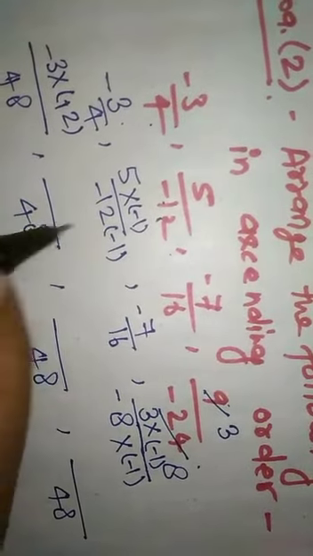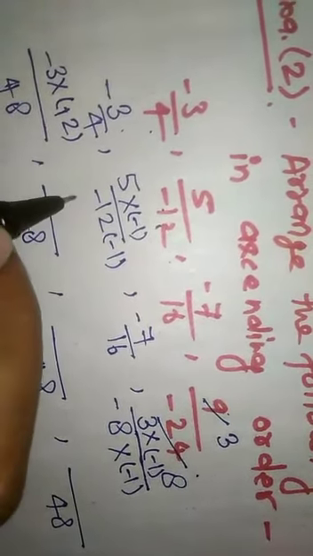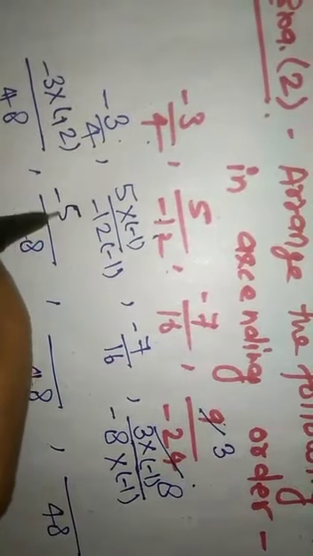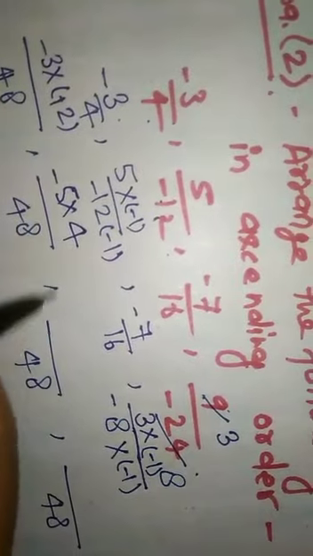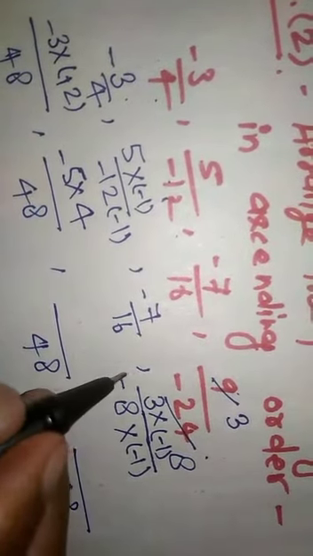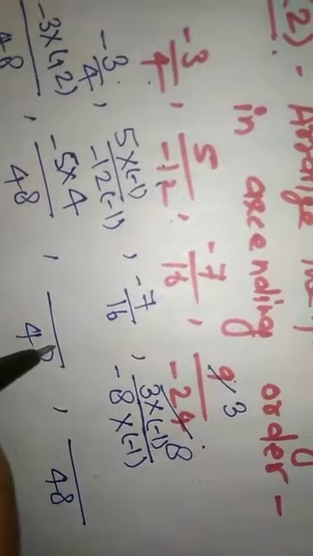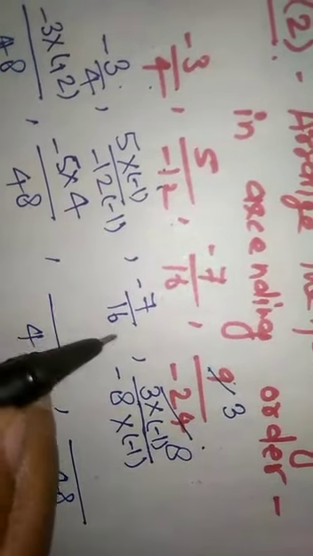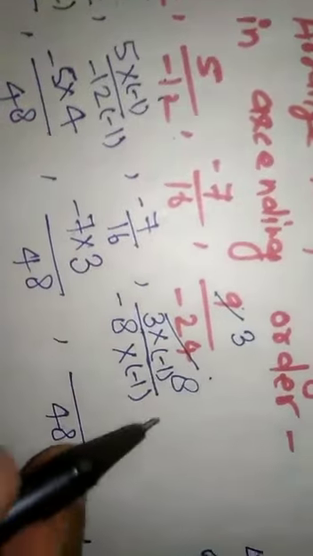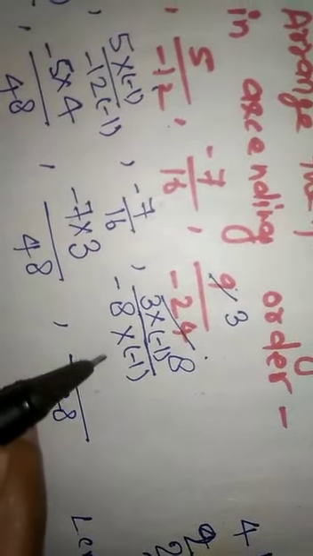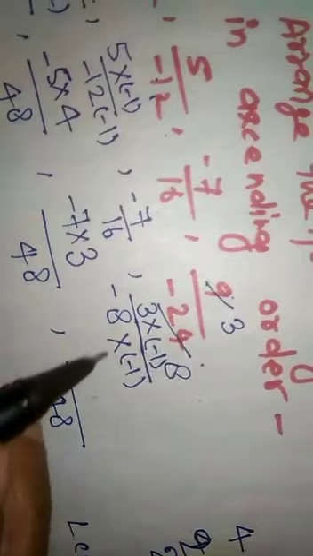Now 48 divided by 12. What do you get? 4. Minus 5 multiplied by 4. Now 48 divided by 16. What do you get? 3. Now 48 divided by 8.